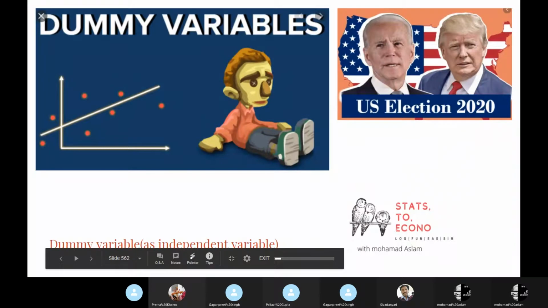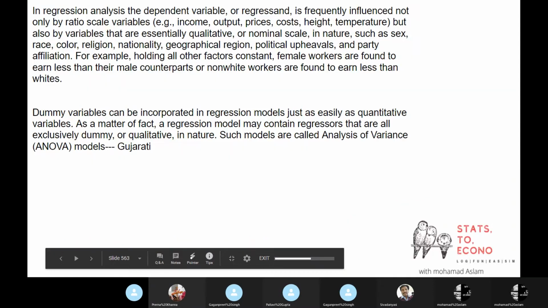Let's suppose you have an independent variable social group, which has SC, ST, others, obviously different categories. But when we introduce it in a regression, we have to introduce it in binary form, 1 and 0. Let's take this example.